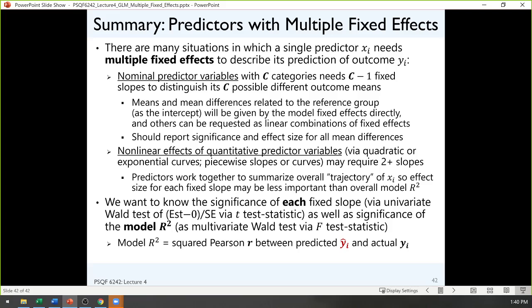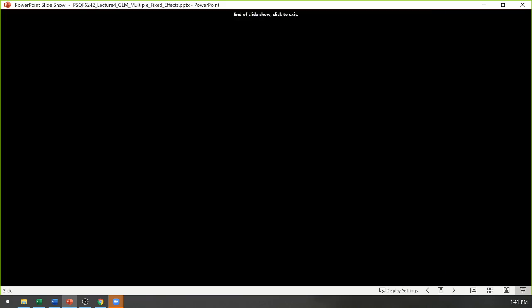That also happens when you're trying to capture a nonlinear effect of a quantitative predictor, such as through quadratic slopes or piecewise slopes. And in that case, we need that F section to tell us in a more general way, does that predictor and its set of slopes significantly predict the outcome? And then we can drill down into each slope and see what each slope does. So that's the story. All right, questions?